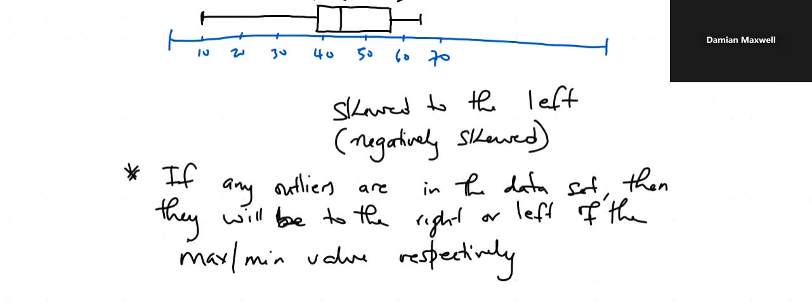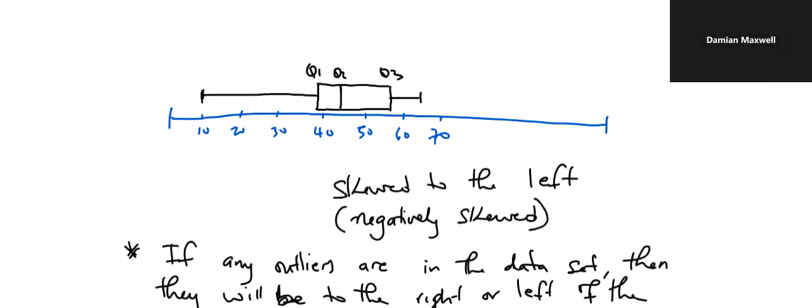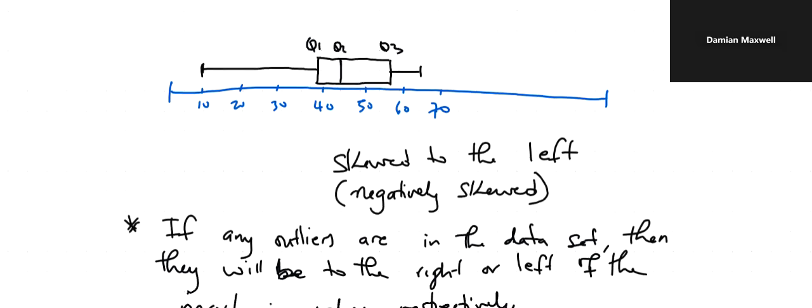What this means is, let's say this was showing some data within this range here.